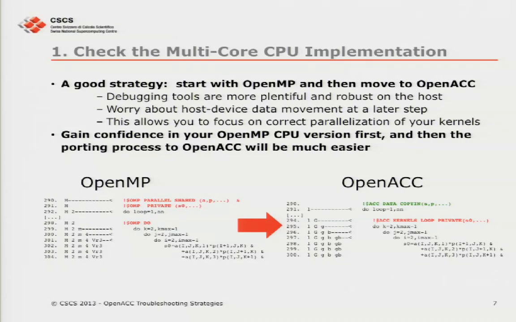You don't have to worry about the host device data transfers if you can leave that to a later stage. And so this can basically reduce the amount of trouble you see with your OpenACC code if you have confidence that an OpenMP version is running correctly.